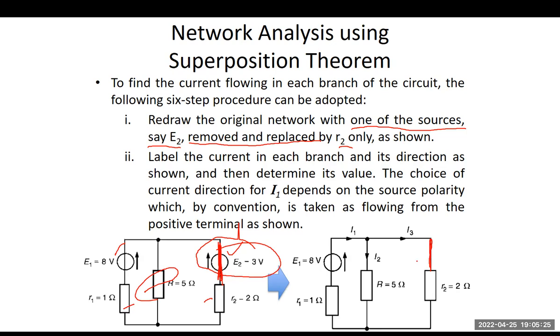If our current flow for E sub 1 would be counterclockwise, and we consider this as a node, then I1 would be entering the node, I2 will be leaving the node, and I3 will also be leaving the node. This will also follow the clockwise direction of the current flow.